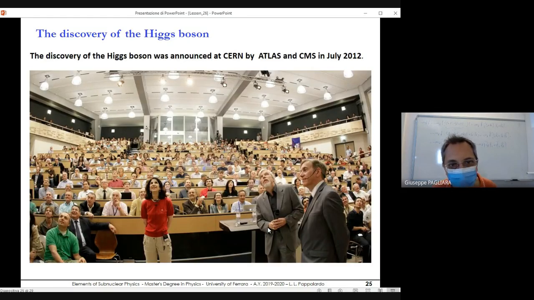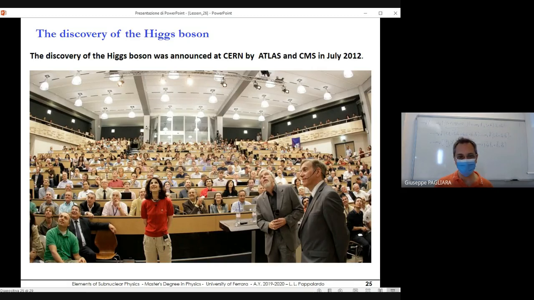So the discovery of the Higgs boson was announced at CERN by the ATLAS and CMS experiments. It was July 2012. You see here the main auditorium at CERN, which was filled, and when it was announced that a big discovery was to be presented at CERN, people were sleeping on the stairs beyond this room the night before, just to have the possibility to enter the room in the morning and have a seat for the announcement.